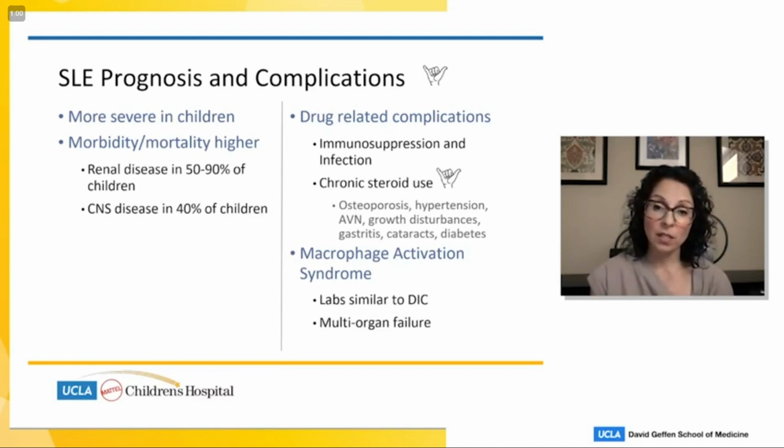Chronic steroid use includes osteoporosis, hypertension, AVN, growth disturbances, gastritis, cataracts, and diabetes. And again, here's that macrophage activation syndrome, which I mentioned within the context of systemic juvenile idiopathic arthritis, but it can present along with a new diagnosis of lupus.